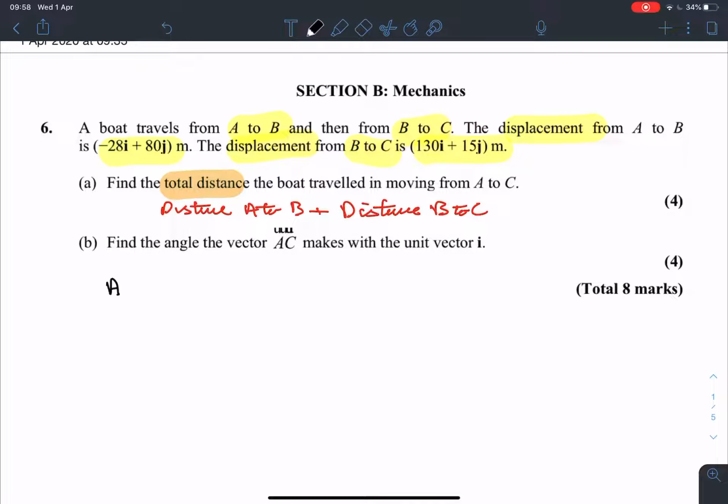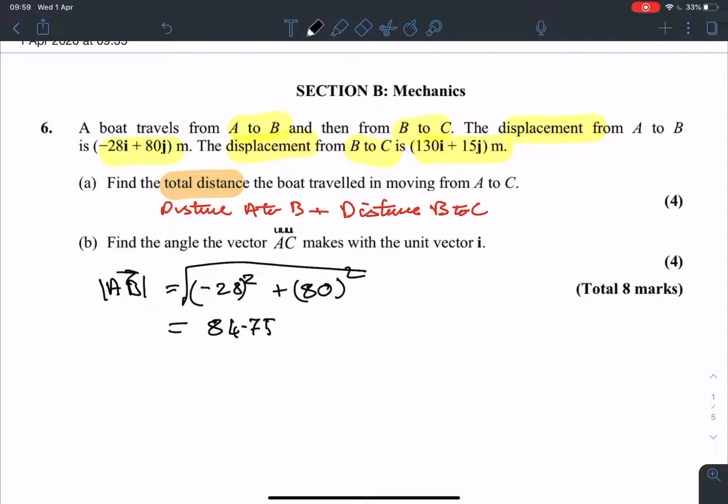So the magnitude of the distance from A to B is equal to the square root of negative 28 squared plus 80 squared, using Pythagoras. That comes out to be around 84.75.